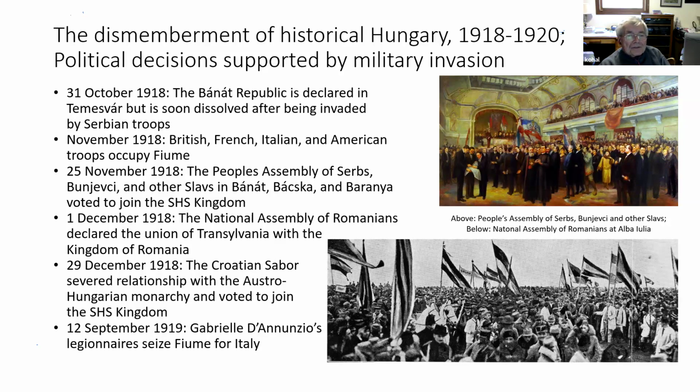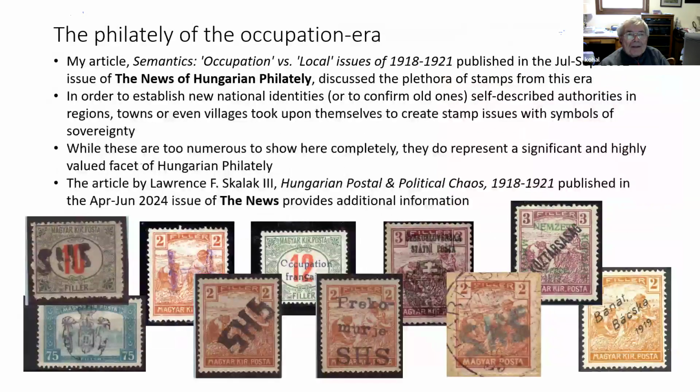And of course, the Croatians voted to abolish their connections with the Crown of Hungary. And finally, in September of 1919, Gabriele D'Annunzio and his legionnaires seized Fiume and established a city-state until it became part of Italy. So, we're leading into the actual dismemberment of Hungary.